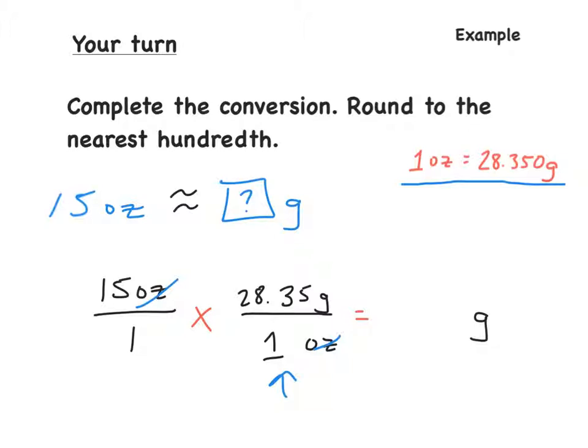Remember, multiply straight across. 15 times 28.35 is equal to 425.25 grams. So this is our final answer when we convert 15 ounces to 425 and 25 hundredths grams.